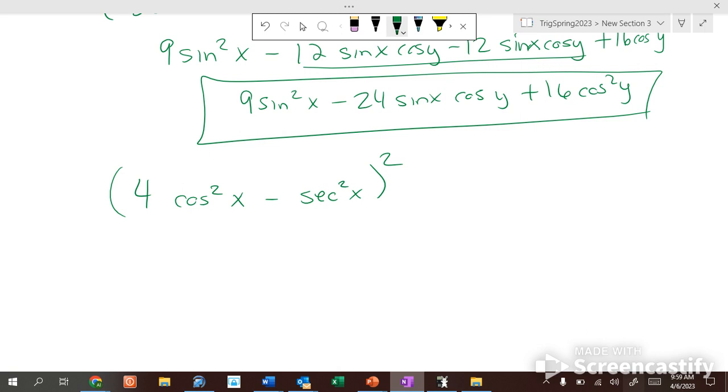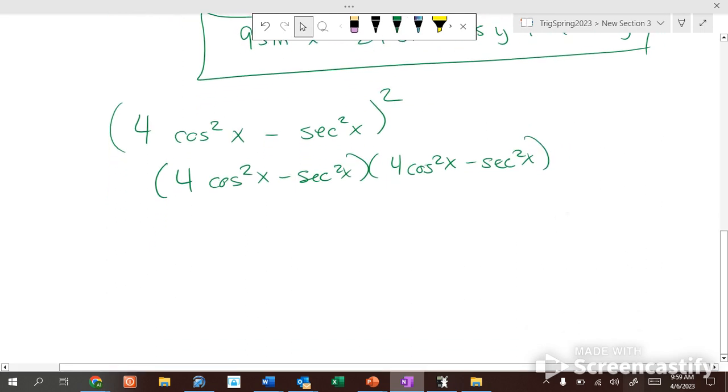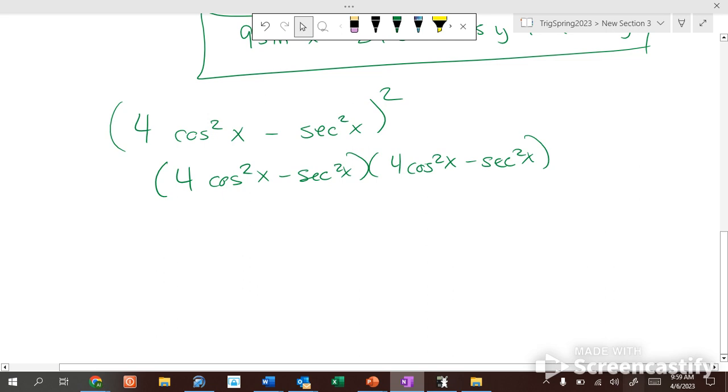So when you have a quantity squared, write it twice in FOIL. So when we multiply, 4 times 4 is 16 cosine to the 4th of x, because cosine squared times cosine squared is cosine to the 4th.